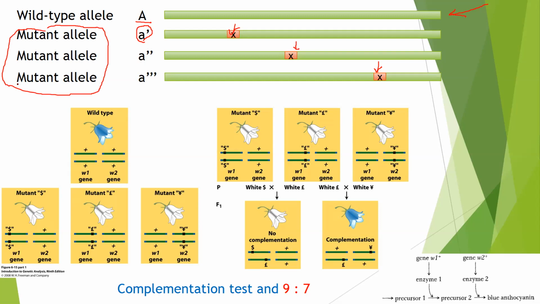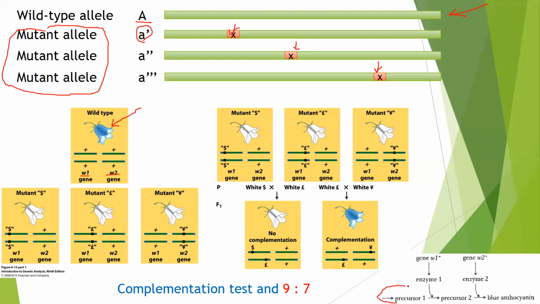And we have also studied this case. For example, the wild type flower is a purple color in the flower petal. This wild type phenotype is determined by two genes, W1 gene and W2 gene.